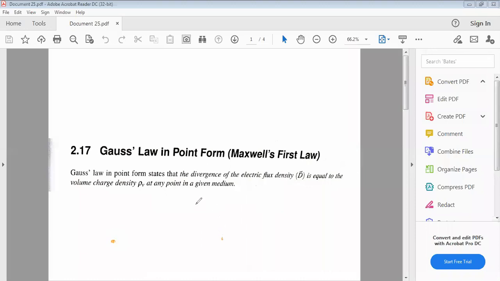Convergence means towards that point, and away from this point is the divergence, distributed around. Just remember that point.